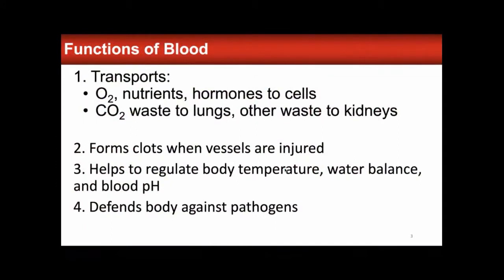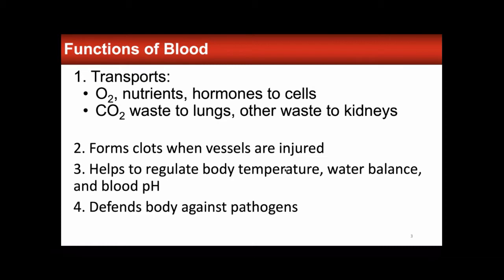Okay, so blood is sort of a liquid highway. Its primary function is to transport oxygen, nutrients, and hormones to our cells, and to carry metabolic waste away from cells. So metabolic waste includes carbon dioxide, CO2, which is disposed of by our lungs, and then nitrogen-containing waste, which is removed by the kidneys.